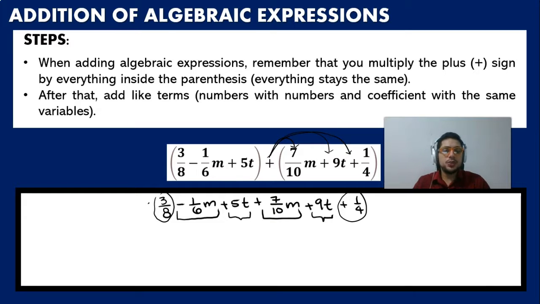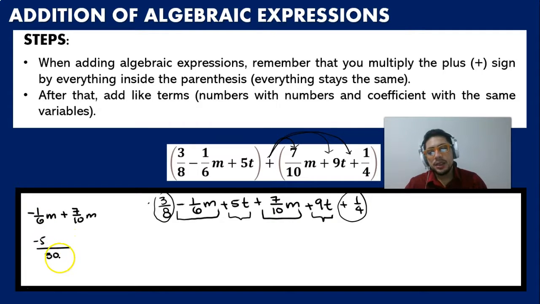So we are going first with minus 1/6 m and plus 7/10 m, right? So what we can do in this case is find our common denominator, which in this case is 30. 30 divided by 6 is 5. 5 times 1 is minus 5.